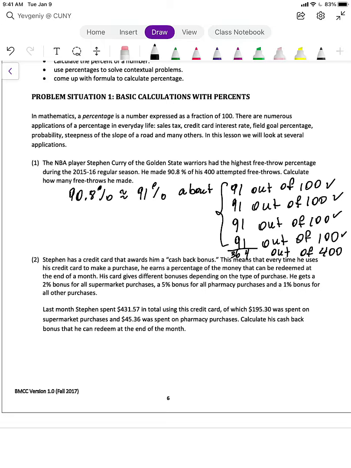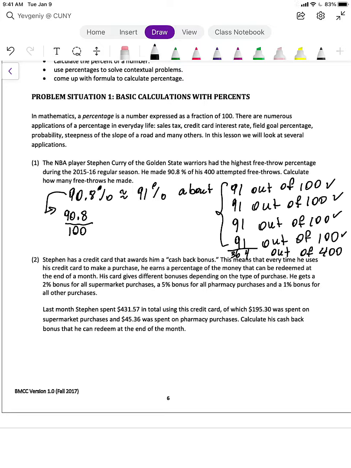Now, if you want to do this in a more systematic way, so you follow a procedure which goes directly from the meaning of a percent, then you can just do that. 90.8 means 90.8. It's okay that it's a decimal. It still represents the idea that it's about 91 out of 100.